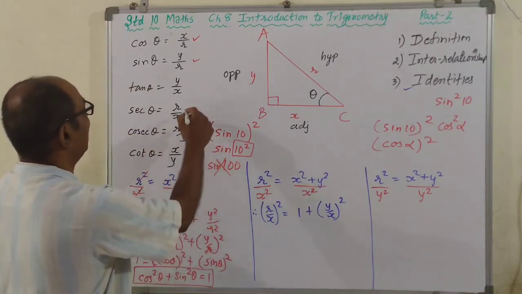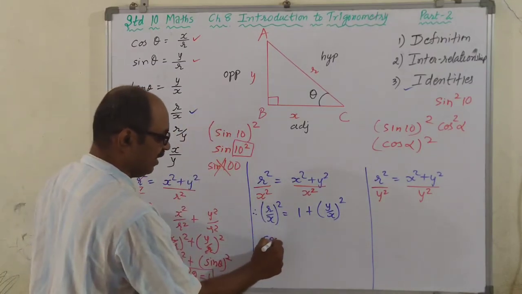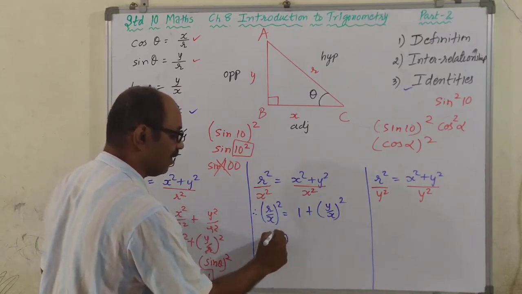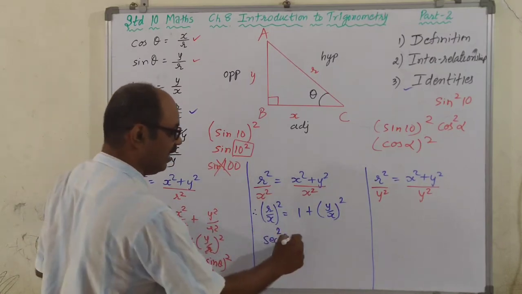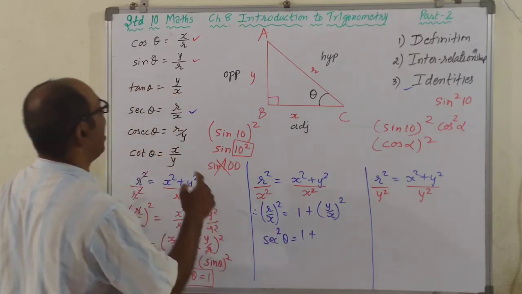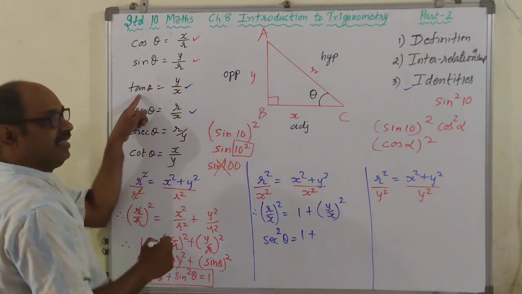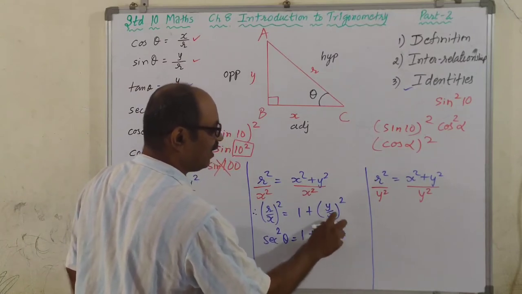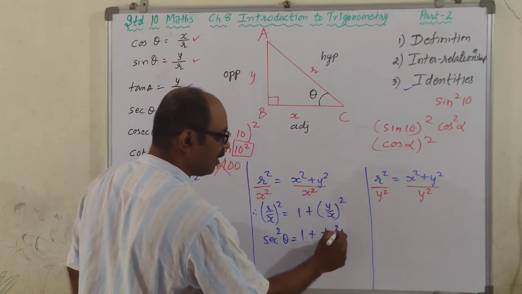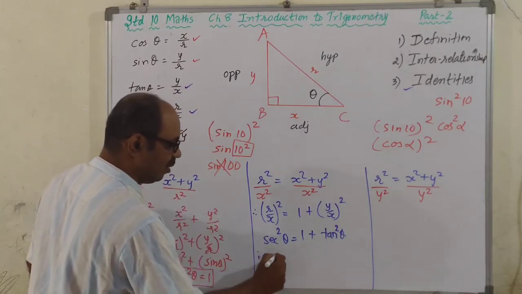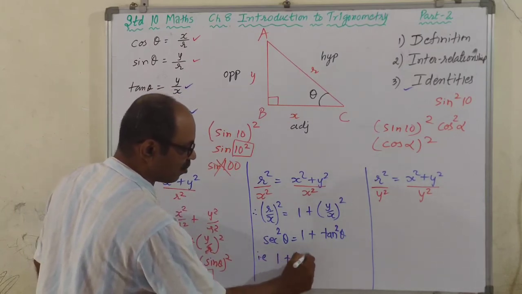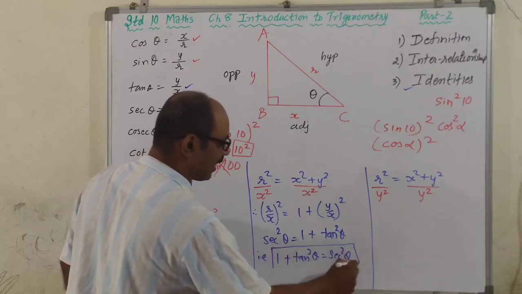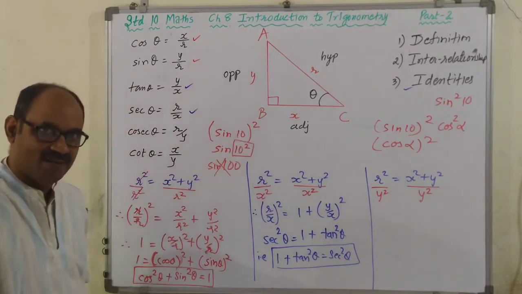R upon x is sec theta whole square, which equals 1 plus y upon x, and y upon x is tan theta, so tan theta whole square. You may write square here, i.e. 1 plus tan square theta is equal to sec square theta. So this is how the second identity is derived.